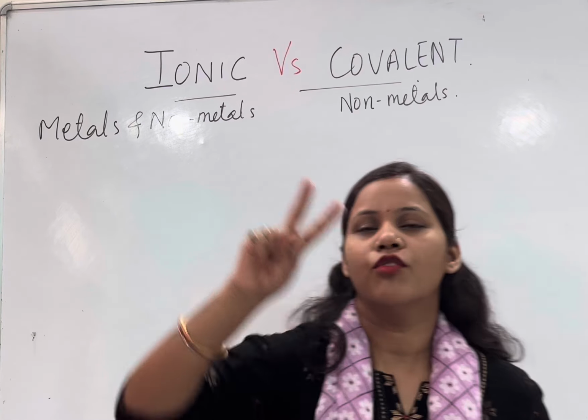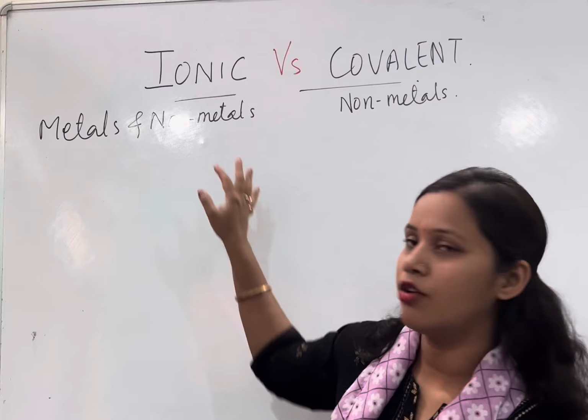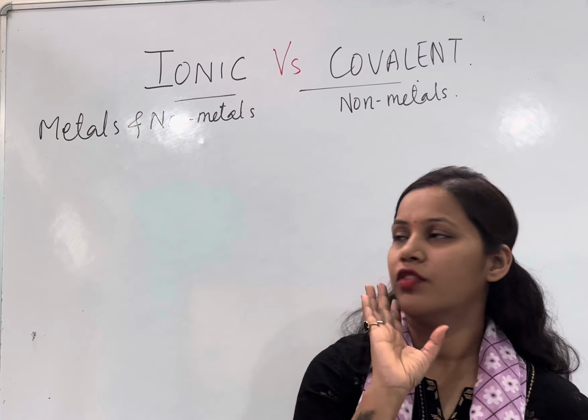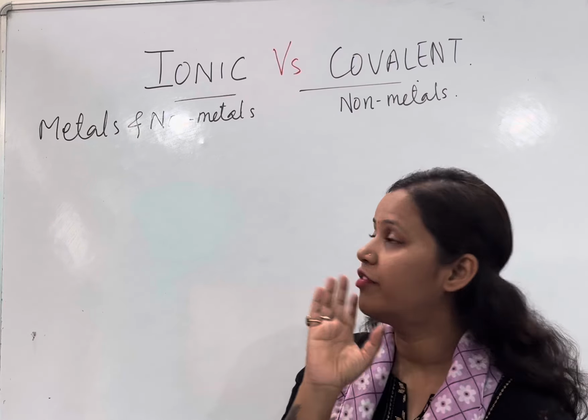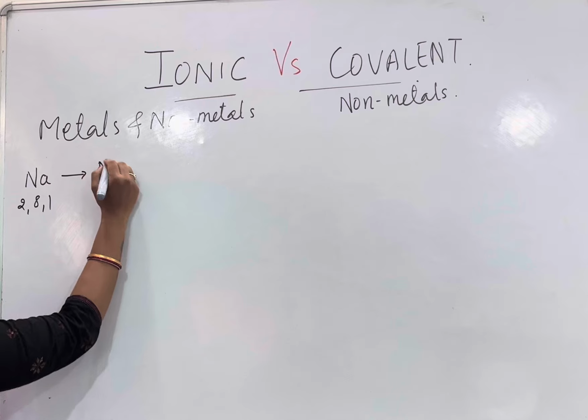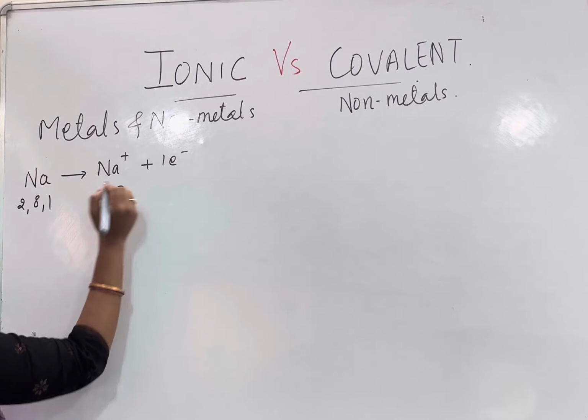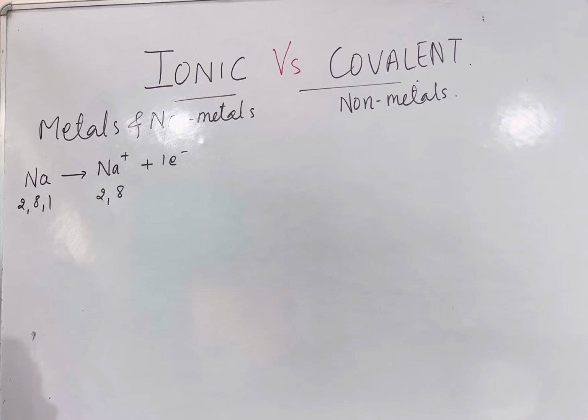Okay, and the bond that is formed between metal and non-metal is known as an ionic bond. Let me give you an example of cation and anion first, and then I'll give you the example of an ionic bond. For example, sodium has atomic number 11, electronic configuration is 2, 8, 1. So its tendency is to lose one electron to acquire the nearest noble gas configuration of neon.